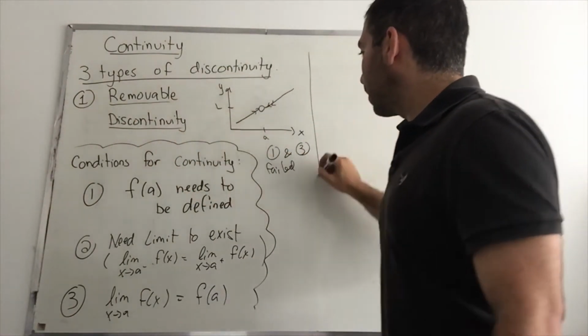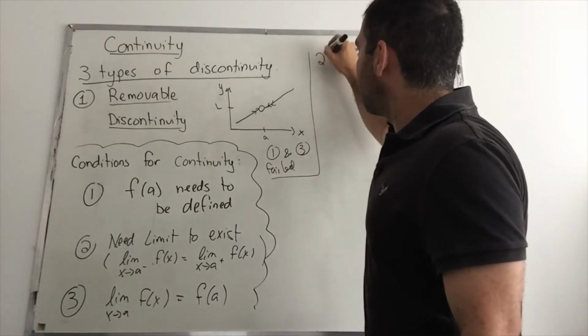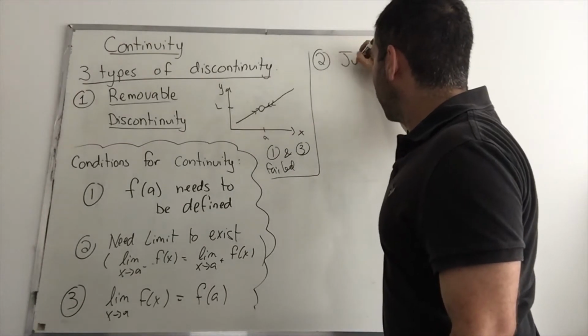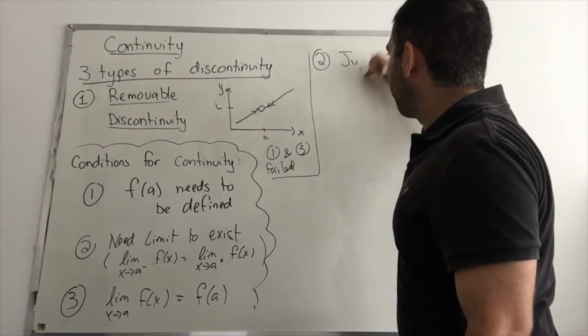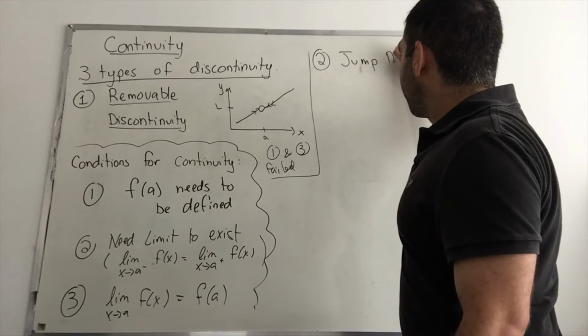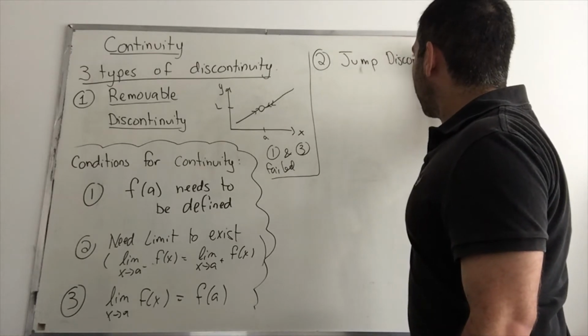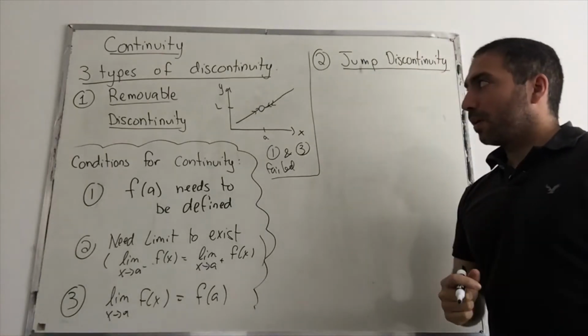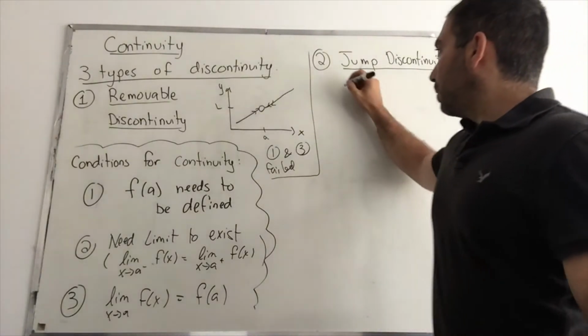Let me box this. The next one that we have, type 2, let's do the jump discontinuity. An example of a jump discontinuity would be something that looks like this.